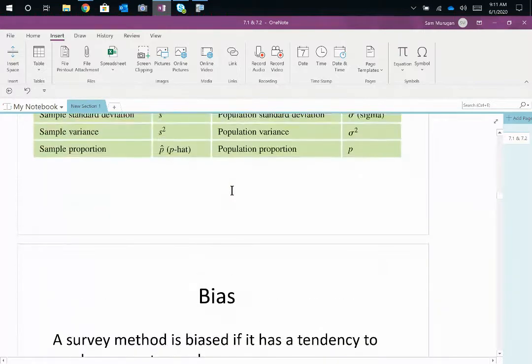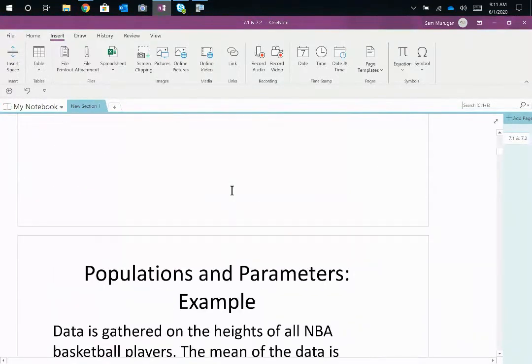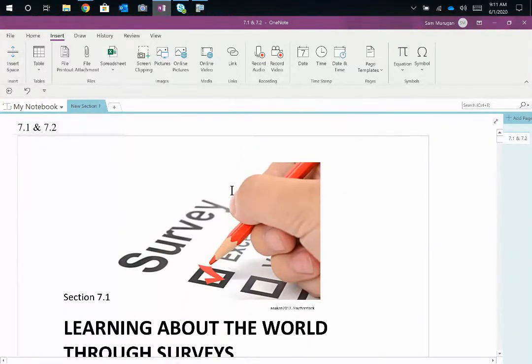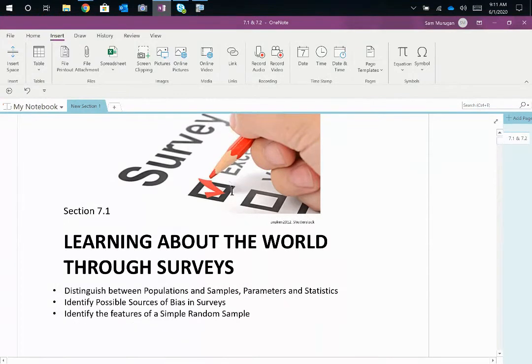So we're beginning to look into the world of surveys and learning about surveys, populations and samples. We live in a world today where we're given a lot of results of a survey taken on any news that we look at.